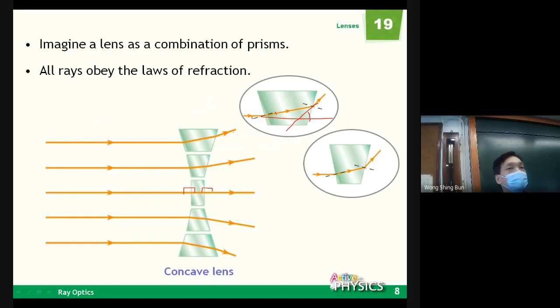So you can see that this light wave bends upward, this light wave bends downward. So it means that these two light waves cannot join together. But if extended, they will join together. So this point, we will call it focus.